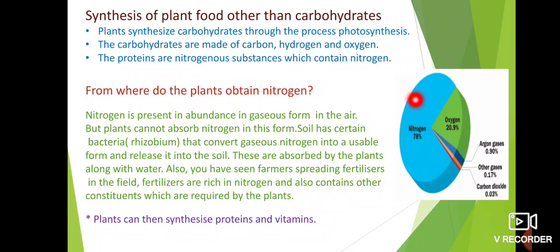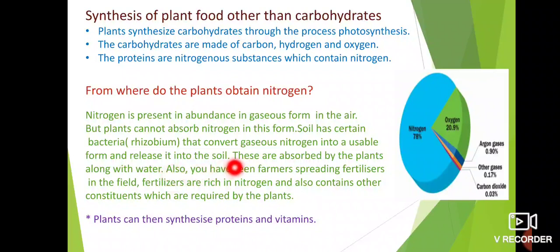See the nitrogen which is present in the form of gas in the air. This gaseous form of nitrogen is converted by the bacteria called rhizobium bacteria. These bacteria are present in the soil. These bacteria have the capacity to convert gaseous nitrogen into a usable form of nitrogen. This converted nitrogen is absorbed by the plants along with water.